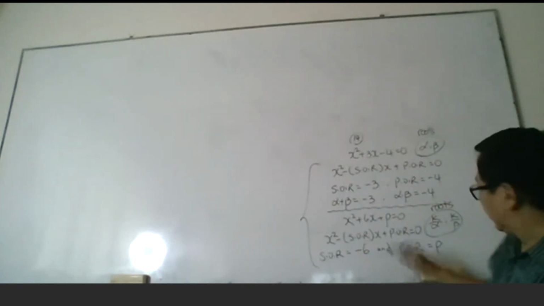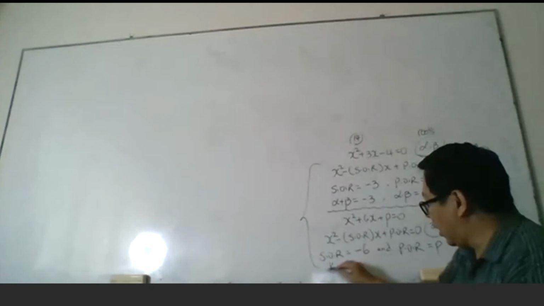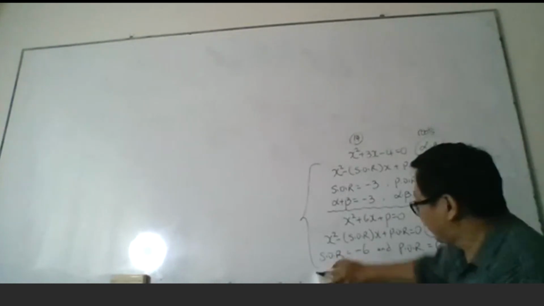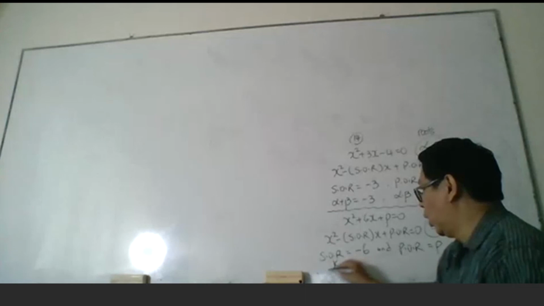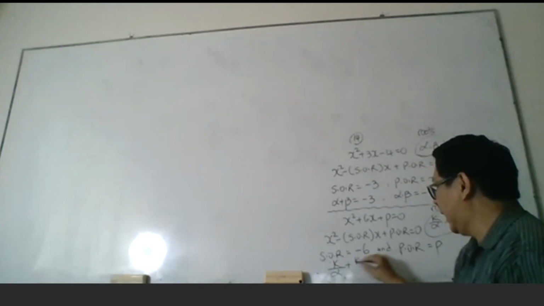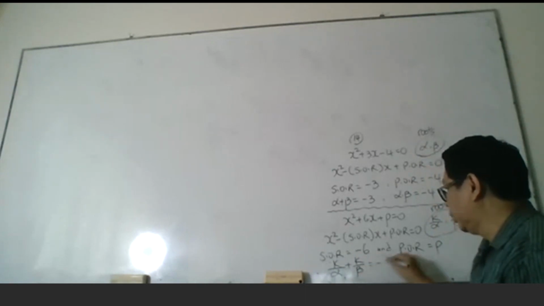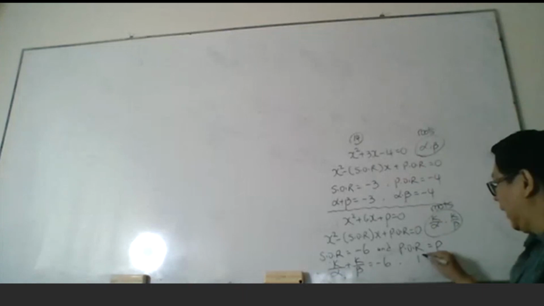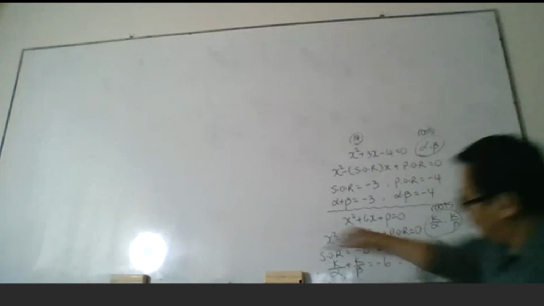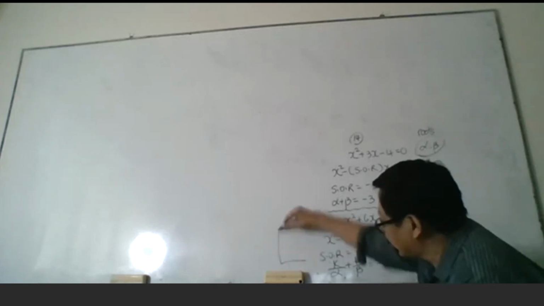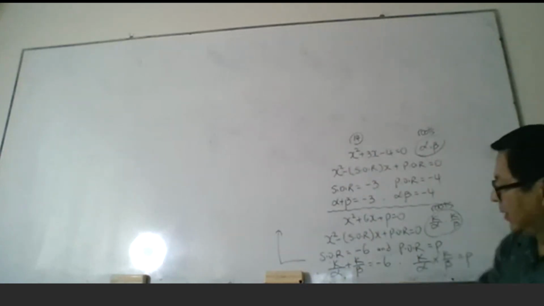So here it will be k over alpha plus k over beta equal to negative 6, and k over alpha multiplied by k over beta. So I will continue.